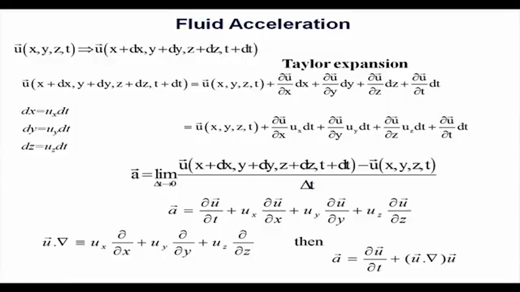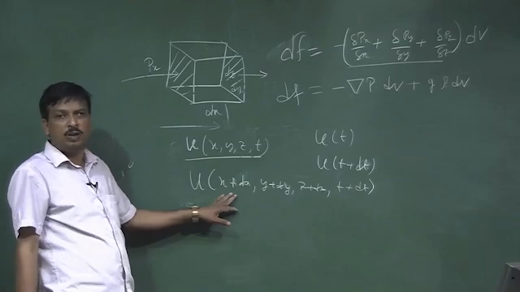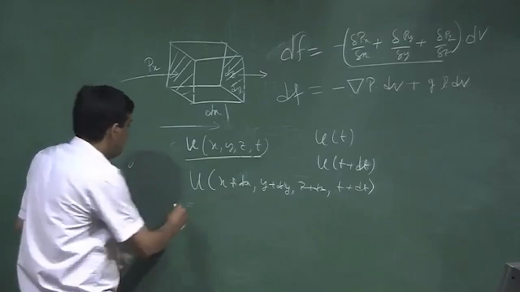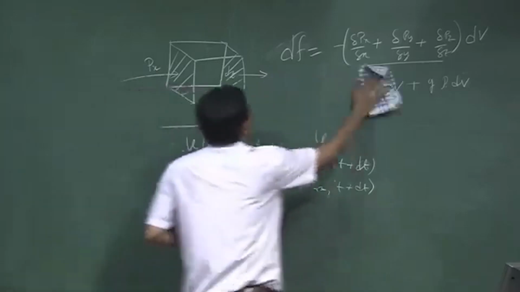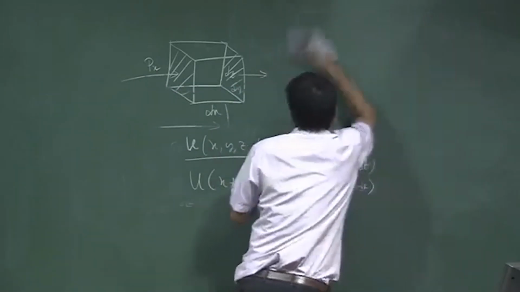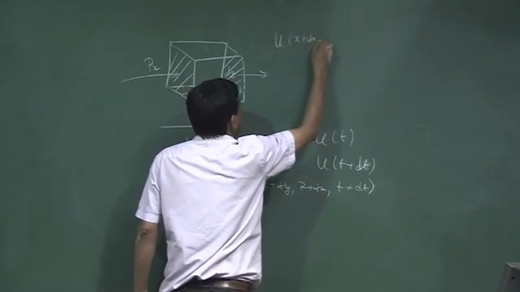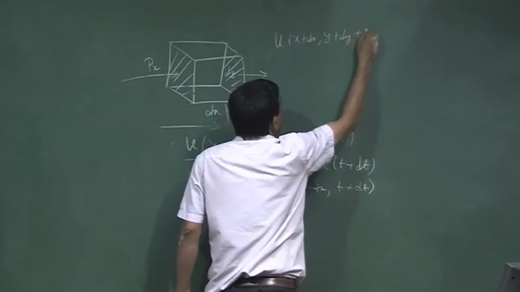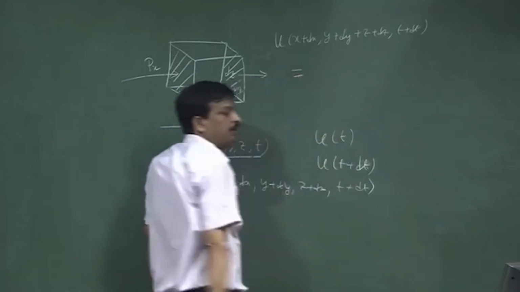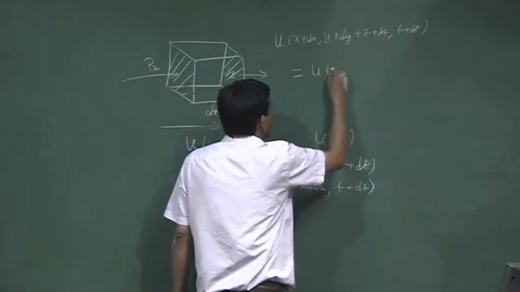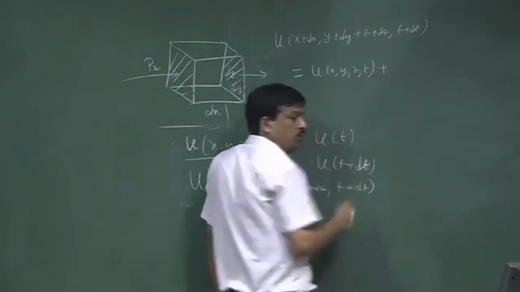Now, if I express the new particle velocity in terms of Taylor expansion, because the time has changed, I can write that u at x plus dx, y plus dy, z plus dz and t plus dt is nothing but the initial u at x, y, z, t plus the change due to the x direction.